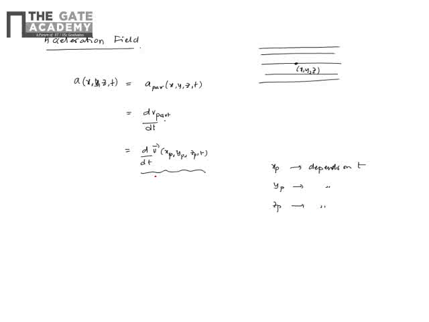So this derivative I can write first with respect to time, v bar plus, now xp is a function of time, so I first differentiate velocity with respect to xp and then differentiate xp with respect to time. So this is just a chain derivative. And how do you do a chain derivative?